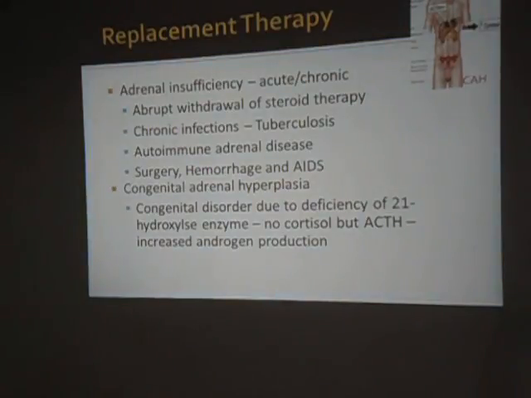So in case of adrenal insufficiency, maybe acute or chronic, we can use this. Abrupt withdrawal, chronic infections, tuberculosis. There are some conditions such as miliary tuberculosis, where there is complete haziness of the lungs. You might have seen a pattern like stars in the sky.